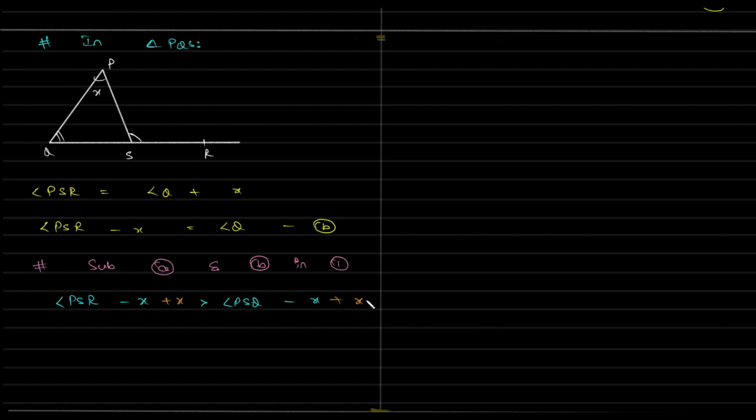So like any other equation, we can just add things and subtract things, not an issue. So this and this will get cancelled, and we have angle PSR which is greater than angle PSQ, and that's what we had to prove. Hence proved.